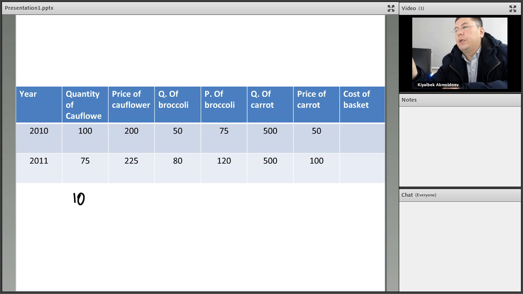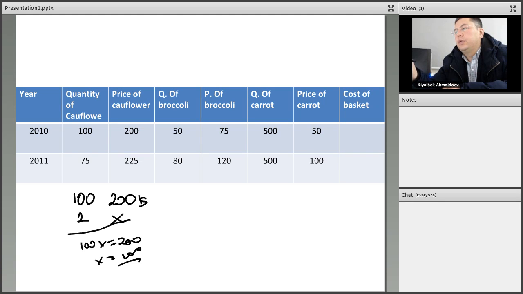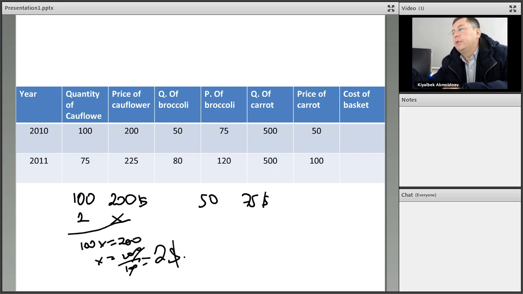If they bought 100 cauliflowers for $200, then one cauliflower will cost how much? 100 x equals 200, x equals 200 over 100, so it is $2 per cauliflower. What about broccoli? They bought 50 broccoli for 75 dollars.